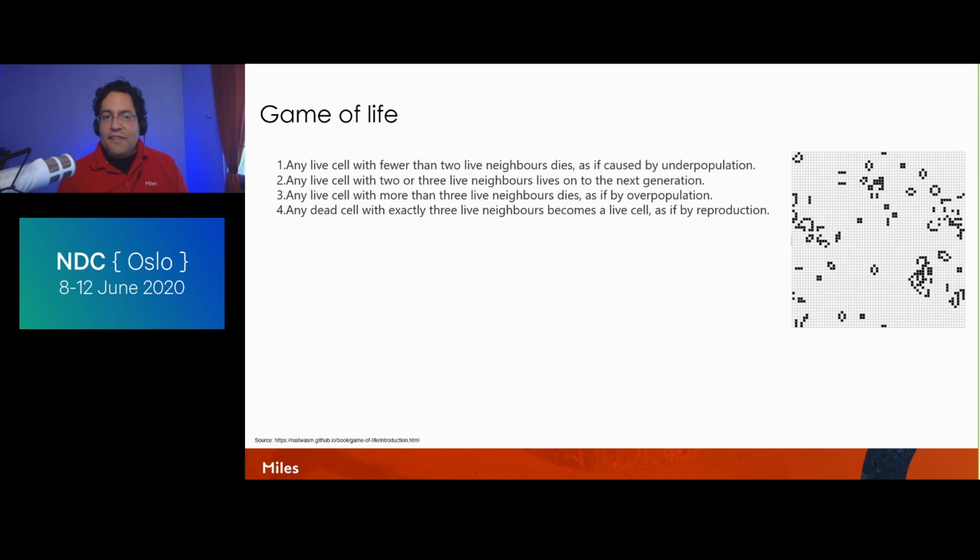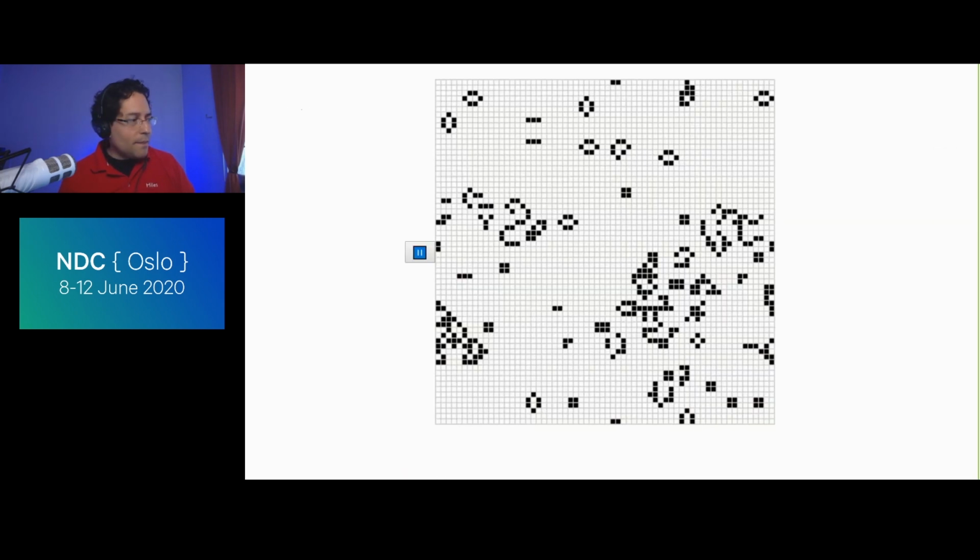If you have a live cell with more than 3 live neighbors, it will die because then it will be overpopulated. And any dead cell with exactly 3 live neighbors will become a new live cell because of reproduction. You can have a look at this example more on the link below here. This is what it looks like.